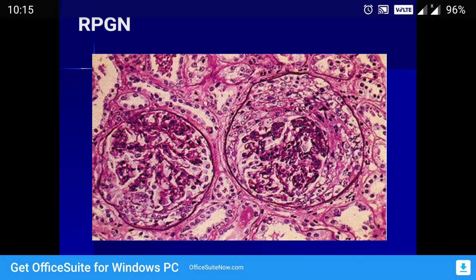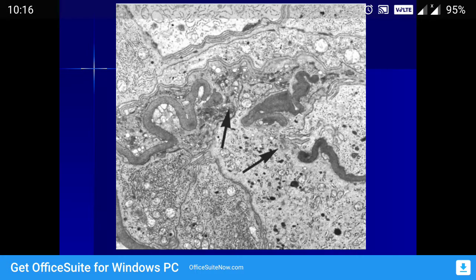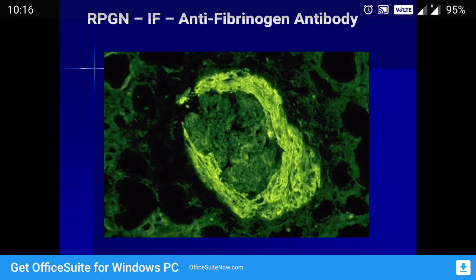You can see the moon-shaped structure formed because of proliferation of parietal epithelium in the glomerulus. Crescent means moon-shaped. Under electron microscopy you can observe the destruction of the basement membrane.